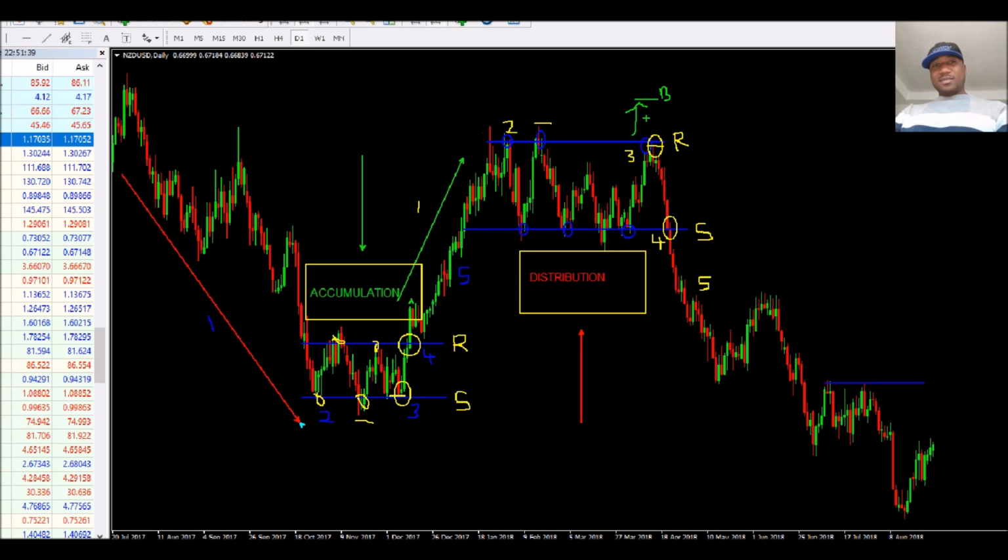So this is where fake breakouts happen most of the time, and traders don't really understand what a fake breakout and a real breakout are. If you understand the structure of the market, that's when you will understand fake breakouts and real breakouts. So be careful, because when the market gives you that sign of a fake breakout, a false breakout, the only way you can identify that is if you understand the structure of the market, or if you understand how to trade the accumulation phase and distribution phase in the market.